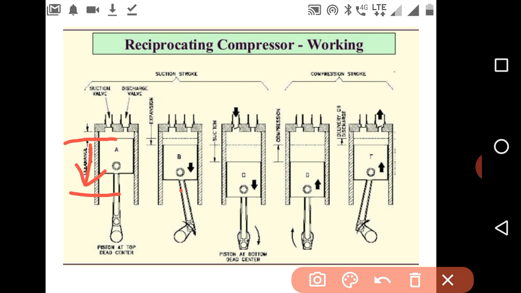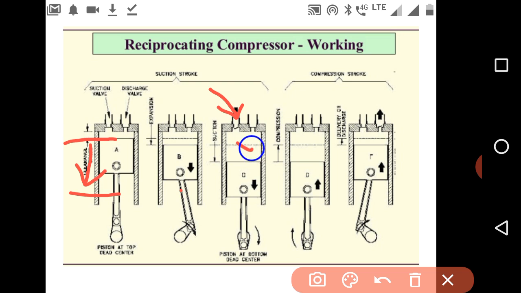When this pressure inside the cylinder falls below the atmospheric pressure, the atmospheric pressure will open the suction valve.